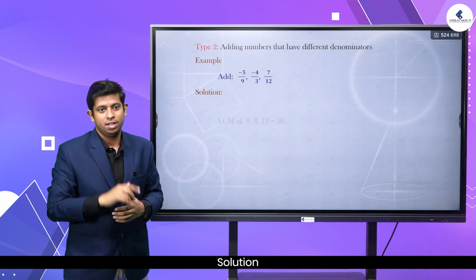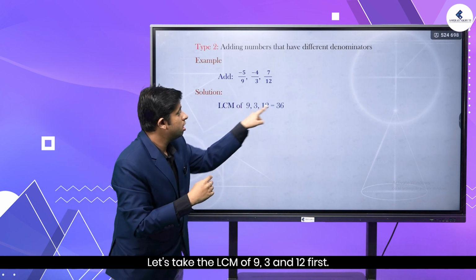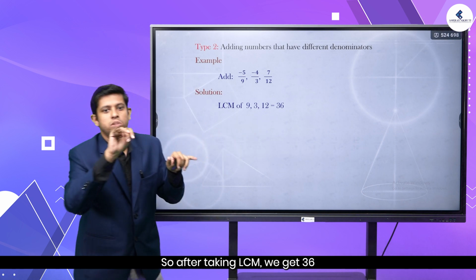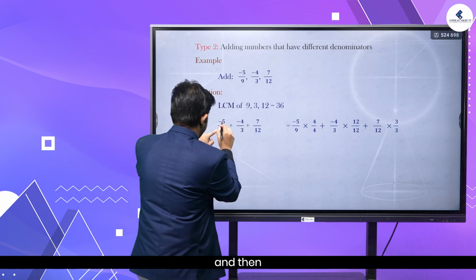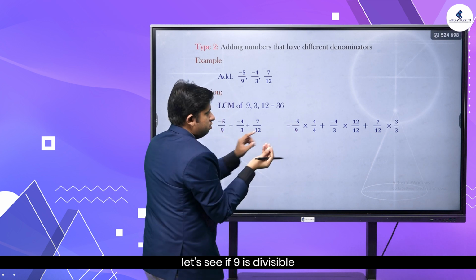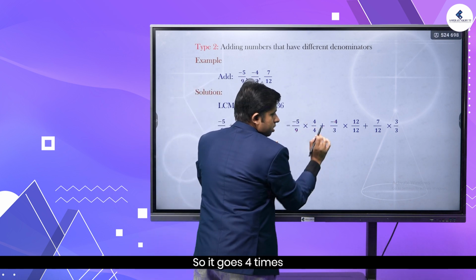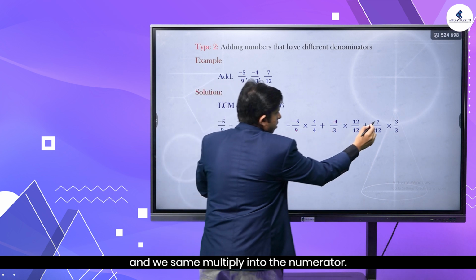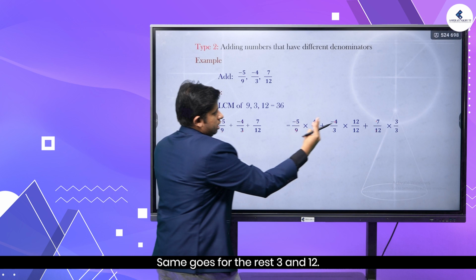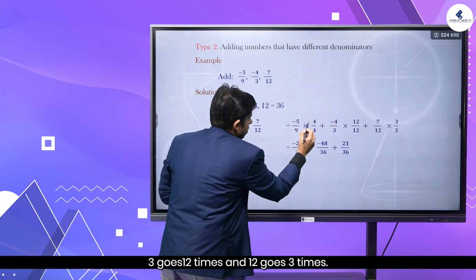Solution. Let's take the LCM of 9, 3 and 12 first. After taking the LCM, we get 36. Then 9 goes into 36 four times, and we multiply that into the numerator. Same goes for the rest: 3 goes 12 times and 12 goes 3 times.